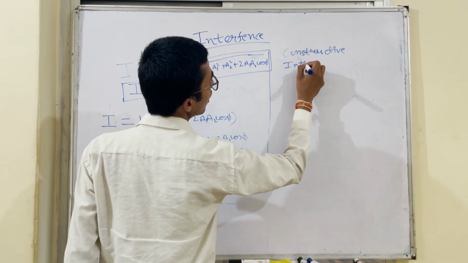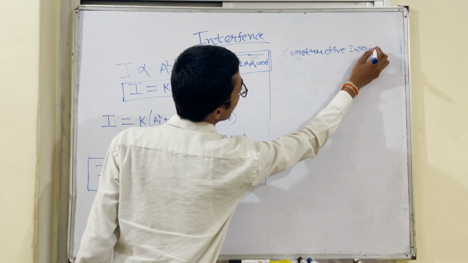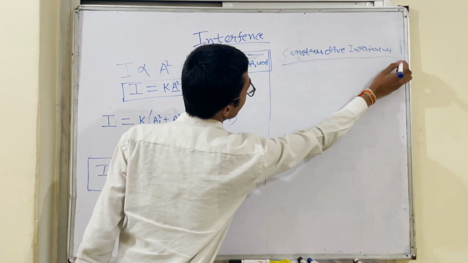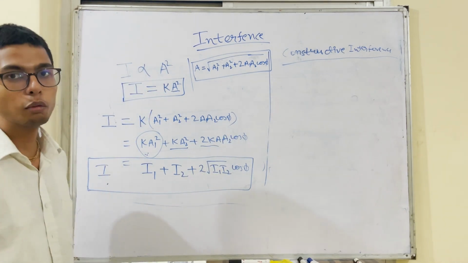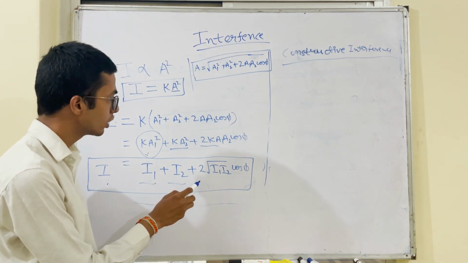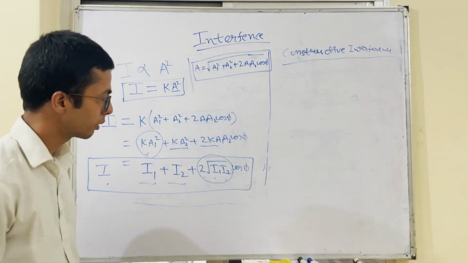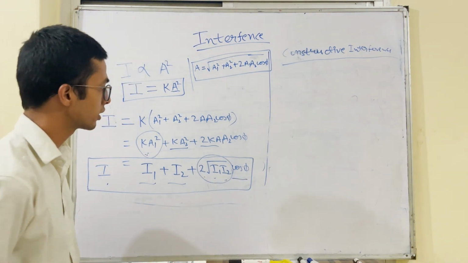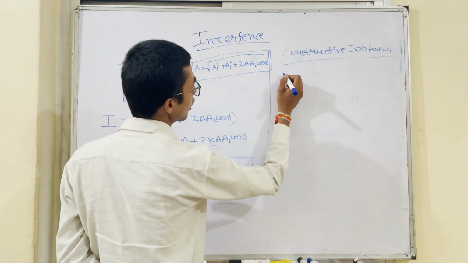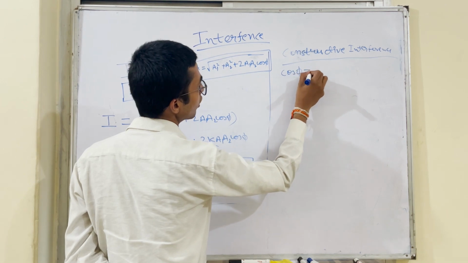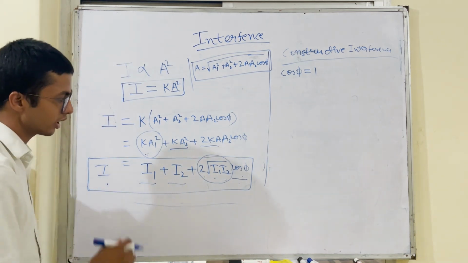Constructive interference. So when this intensity will be maximum, here I1 is fixed, I2 is fixed, 2 root I1 I2 is fixed. So what can I maximize? This is cos phi. Only this I can maximize. The maximum value of cos phi will be 1. Only at that time can I maximize this intensity value.